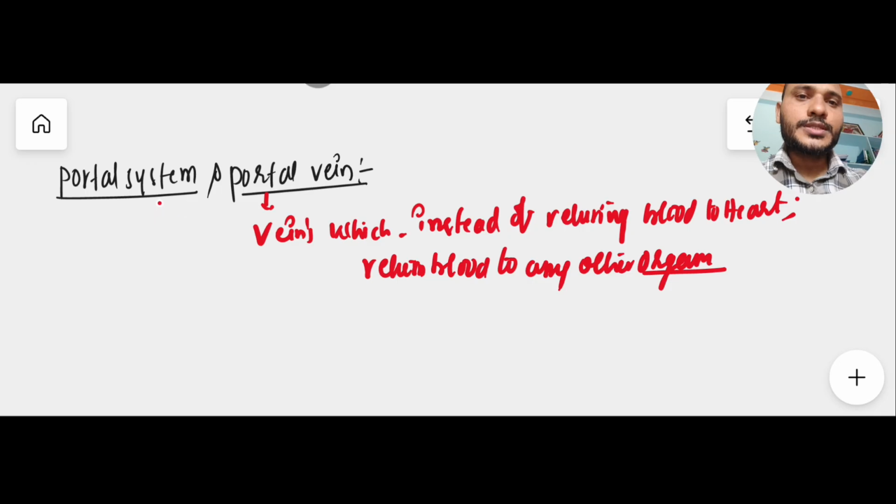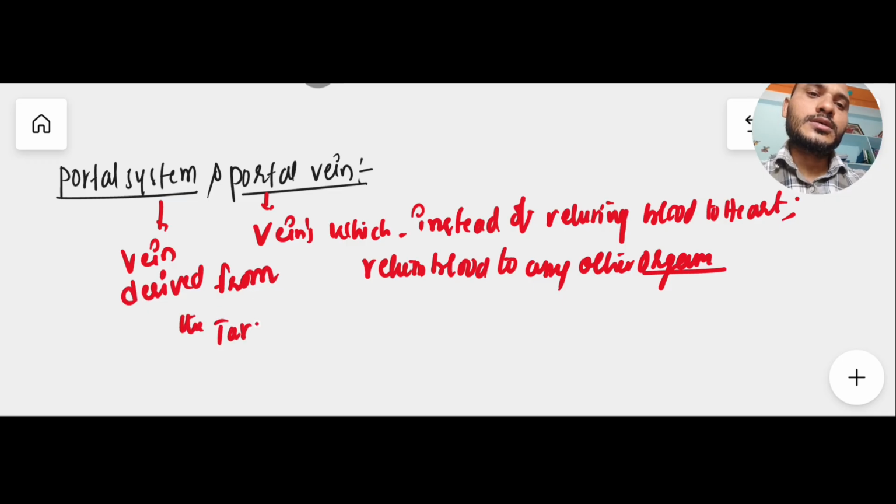Here, portal system means the veins derived from the target organ. Such a system is called a portal system.